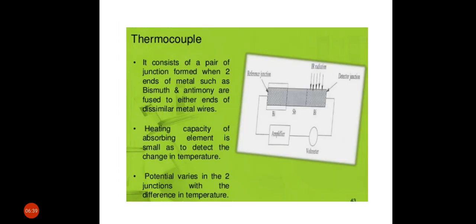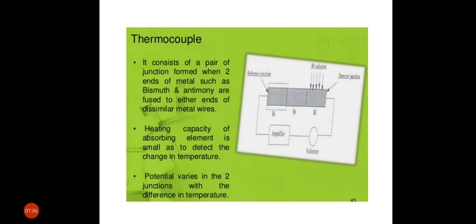Now see another type of detector, that is thermocouple. You people have already known what a thermocouple is. A thermocouple consists of a pair of junctions formed when two ends of metals such as bismuth and antimony are fused to either ends of dissimilar metal wires.